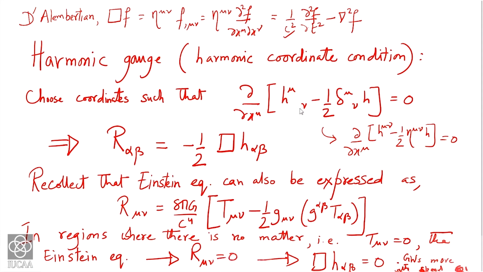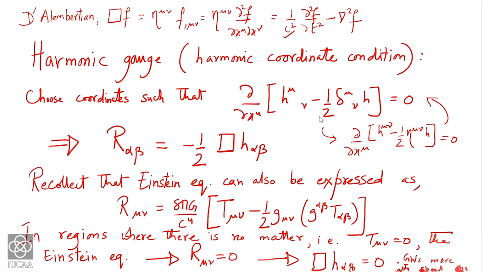Why? Because I am raising and lowering indices using the Minkowski metric tensor. So, here all I have done is raised the nu by multiplying eta nu sigma, that will raise it, and similarly the delta mu nu will become eta mu nu. So, therefore, this equation is also equivalent to this equation.